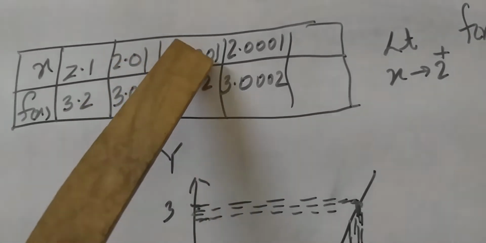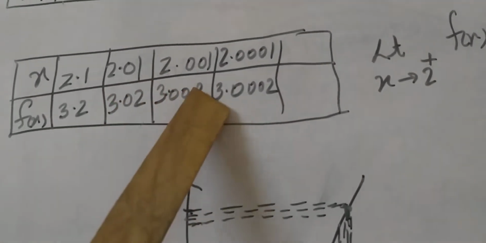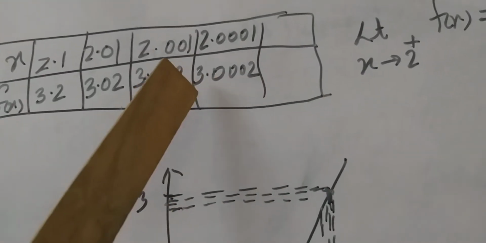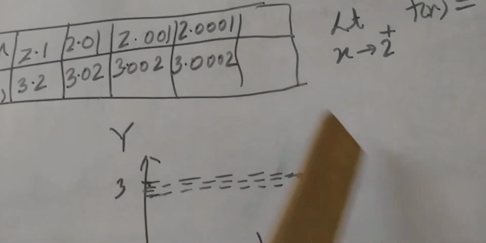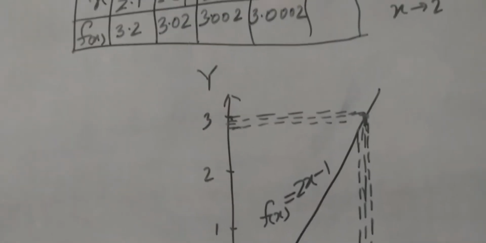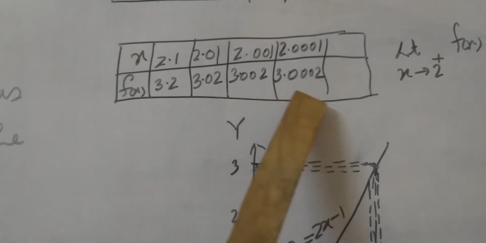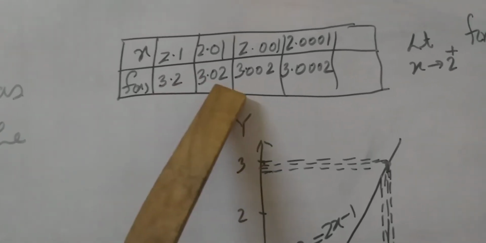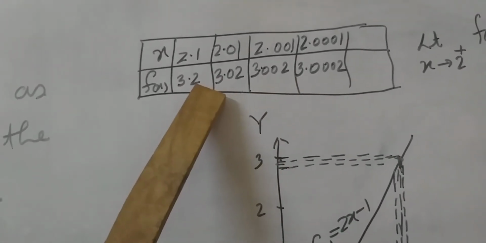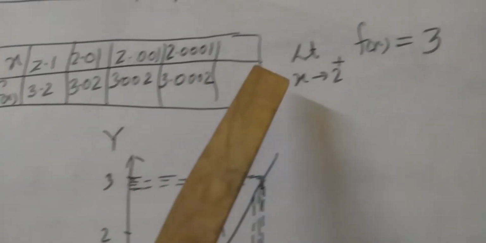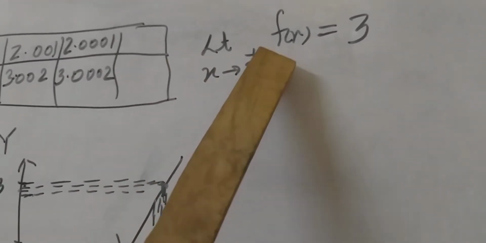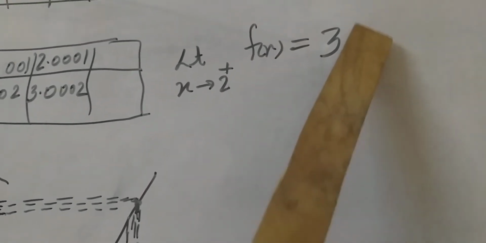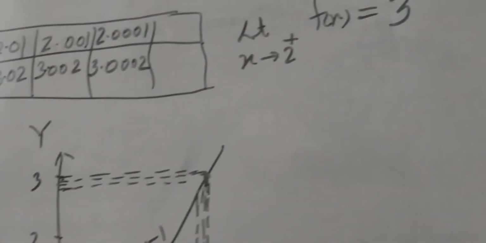When we put 2.001, we get 3.002. When we put 2.0001, we get 3.0002. So you can see the values of f(x) are also approximately equal to 3. So limit x tends to 2 plus, meaning a little bit more than 2, f(x) equals 3. It is known as right hand limit.